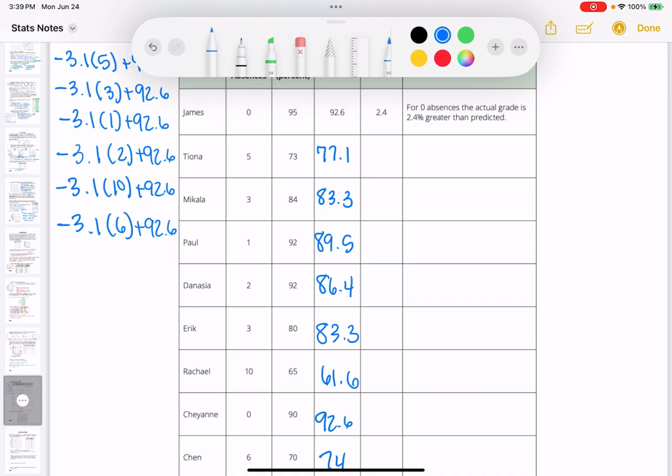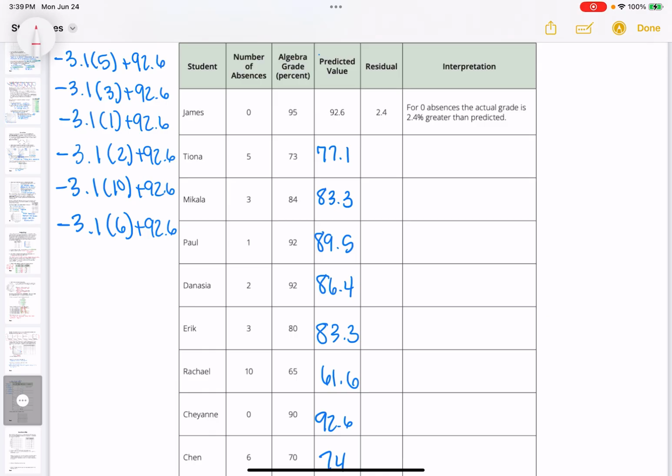All right, now that I have all of my predicted values, I need to find my residual. That's when we take our observed and subtract the predicted. So I'm just subtracting these numbers.